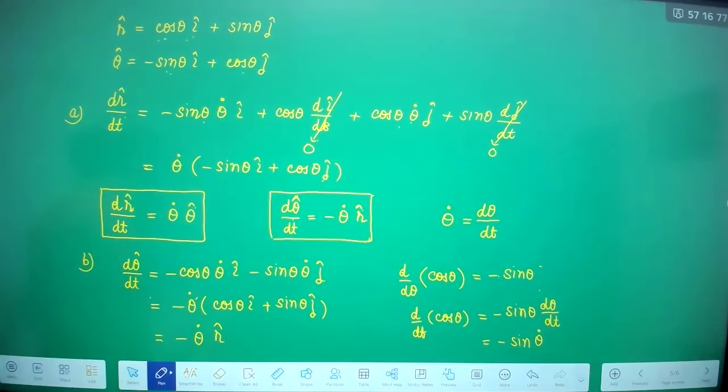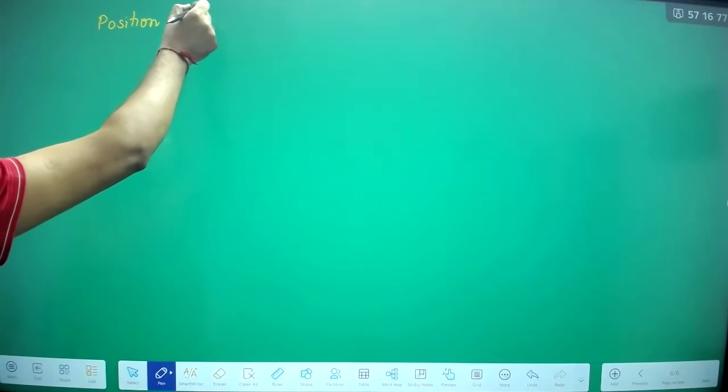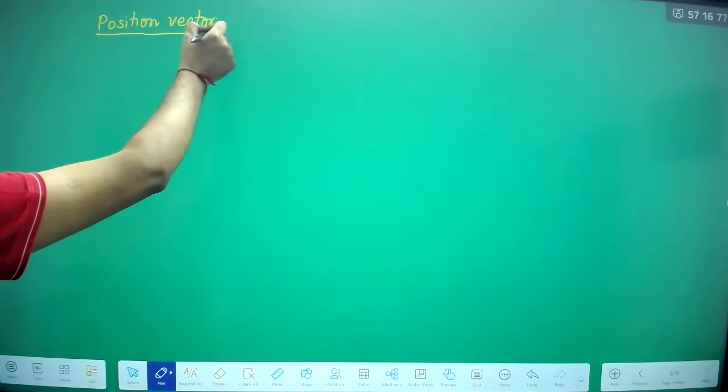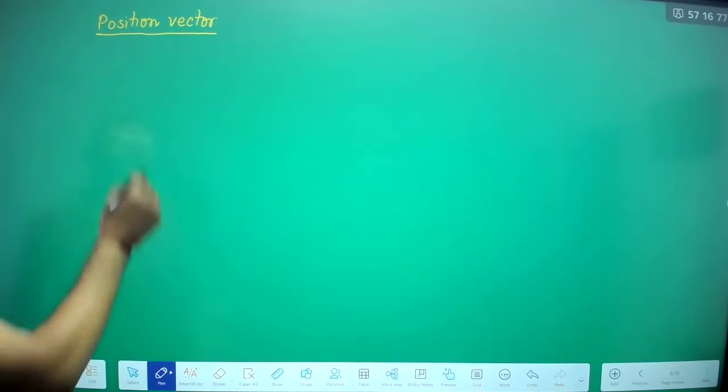So next is position vector. Now we are able to write the position vector. So how are you going to write the position vector?